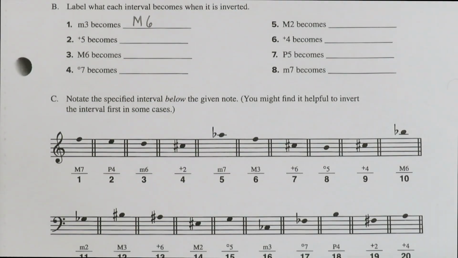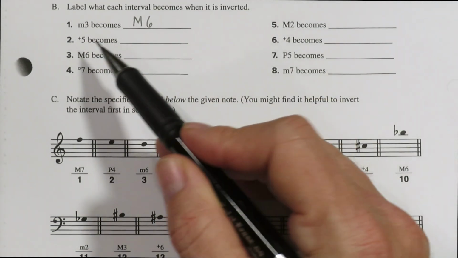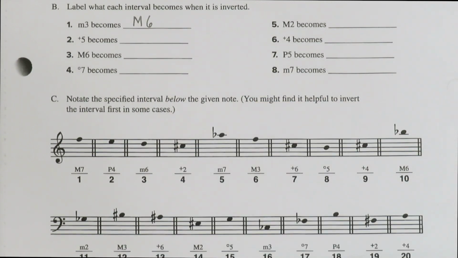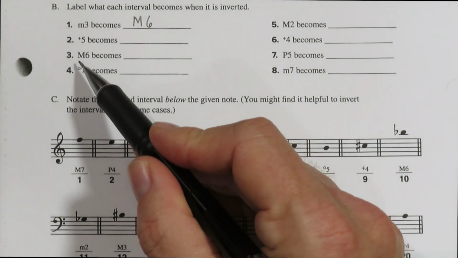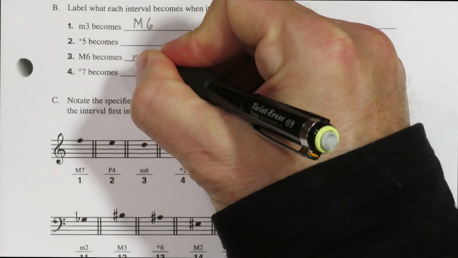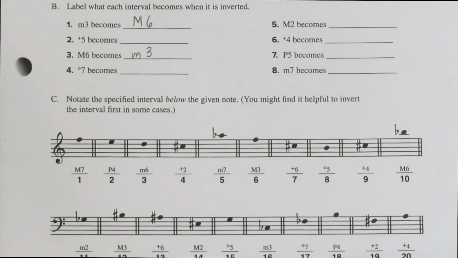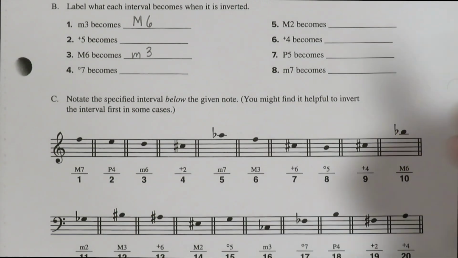So it's got to equal 9. So 6, 7, 8, 9, right? Minor to major. All right. So a major sixth, majors invert to minor, and the 6 would be a 3. Major 6 becomes a minor third.